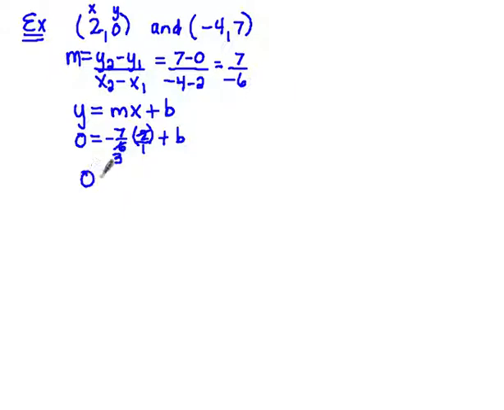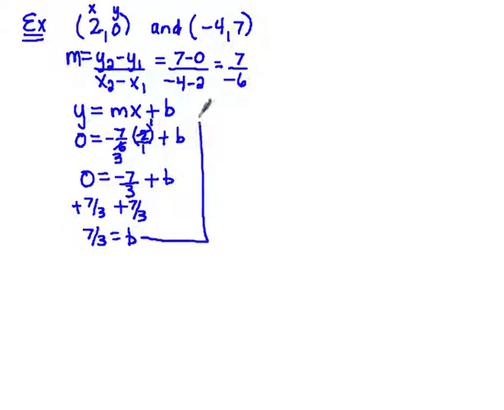So that's 0 equals negative 7 times 1, which is negative 7 over 3 times 1, which is 3, plus b. So now I'm going to add 7/3 to both sides. And I get 7/3 equals b.